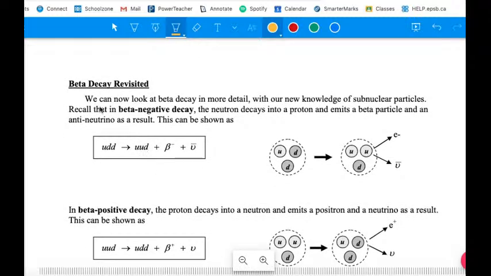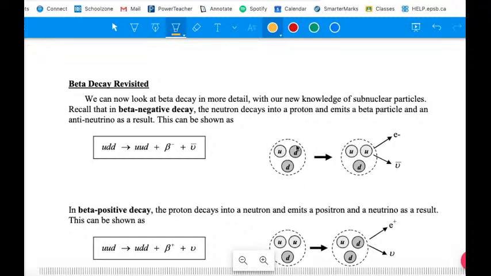All right, looking back at, I think it was our second lesson in this unit, we looked at beta decay. Now we can look at it with a little more clarity. So when we have beta decay occurring, we know that a neutron, so that's an up, down, down with a neutral charge, will decay into a proton.